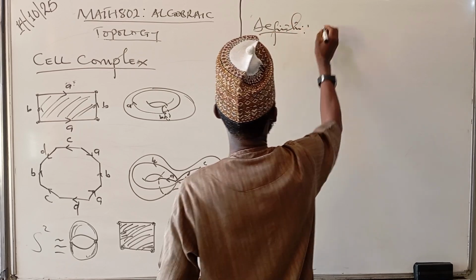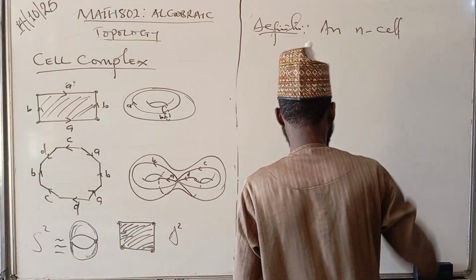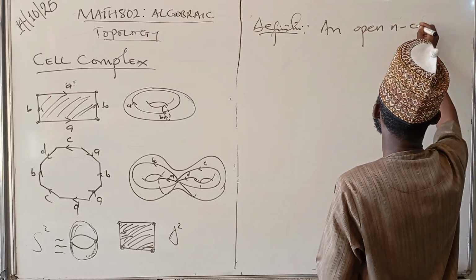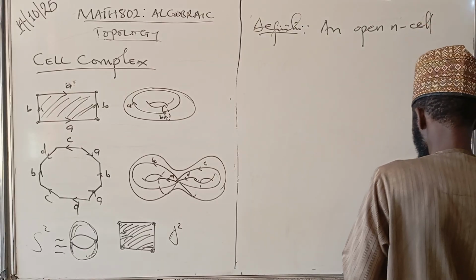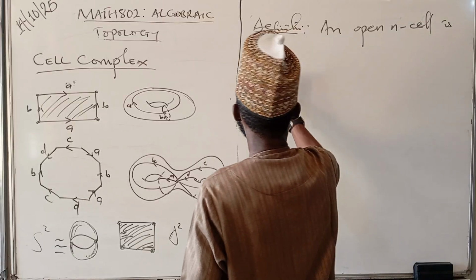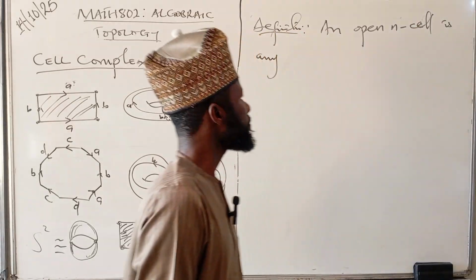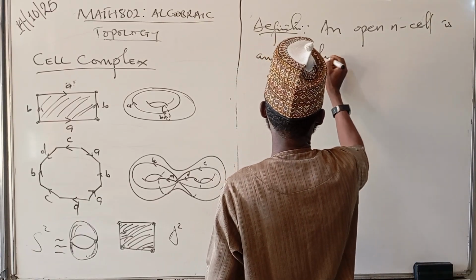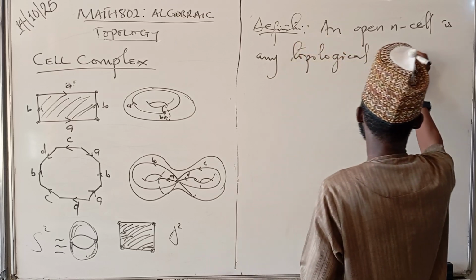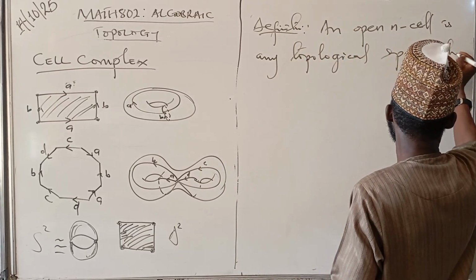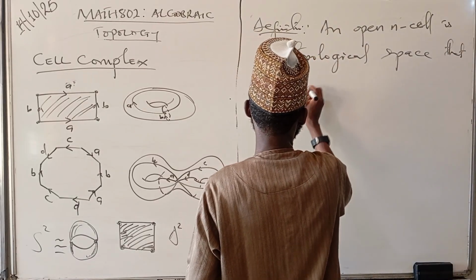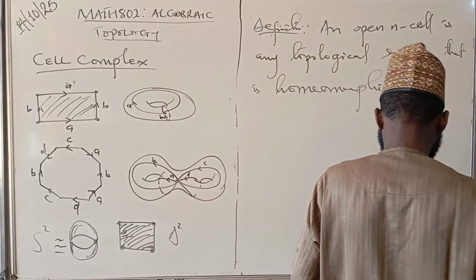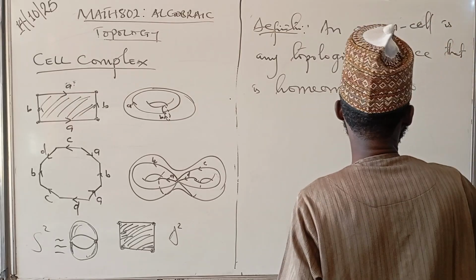An open n cell, n being a natural number, can be 0, greater or equal to 0, is any topological space that is homeomorphic to an open ball.